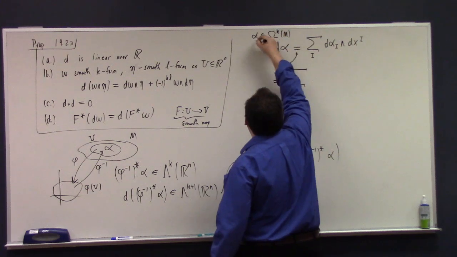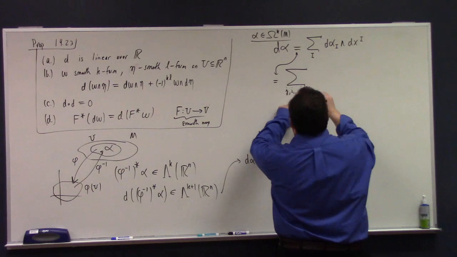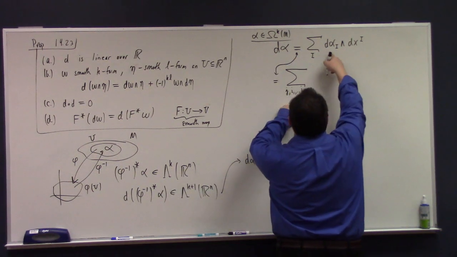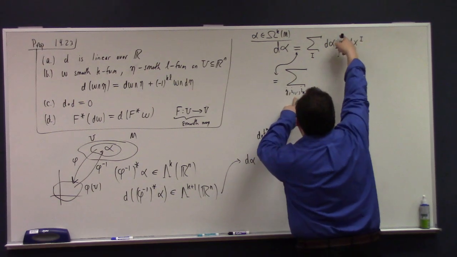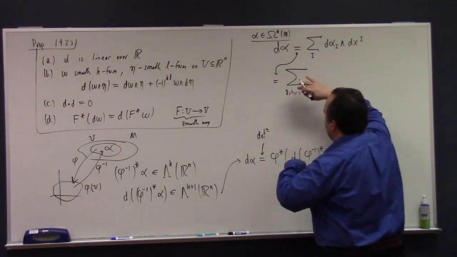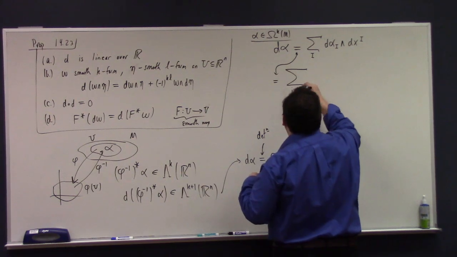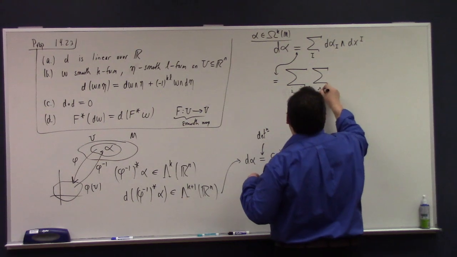A K-form on M, right? So I1 through IK, that's how many indices I've got here. I guess I could put the J last. Let me put the J last. I equals 1 through K, and then I've got the sum over J, right?